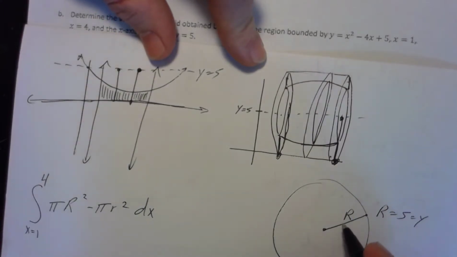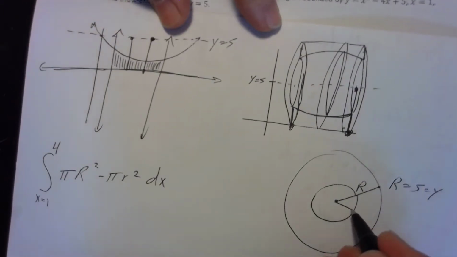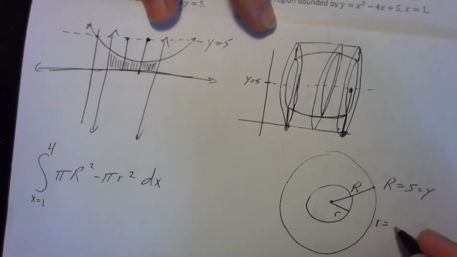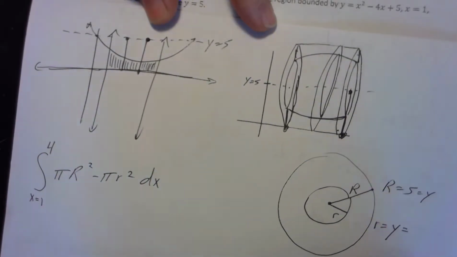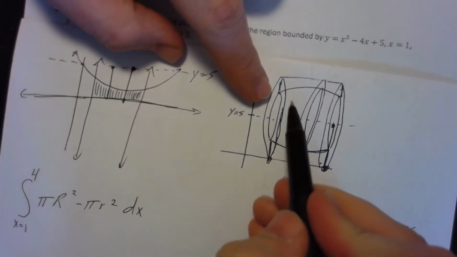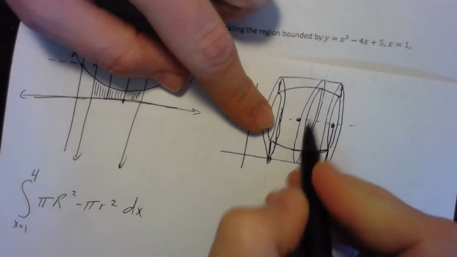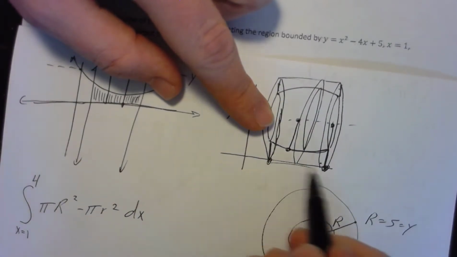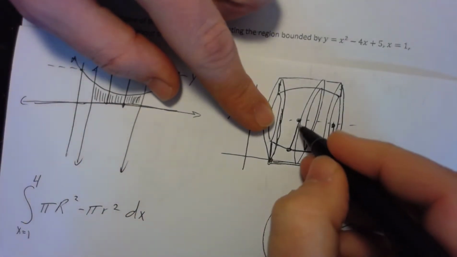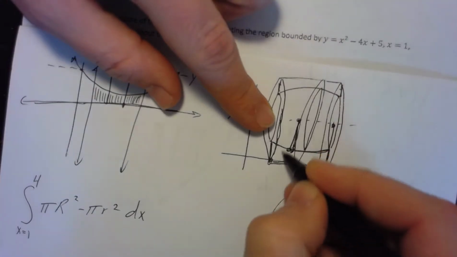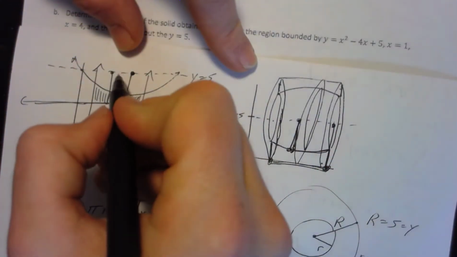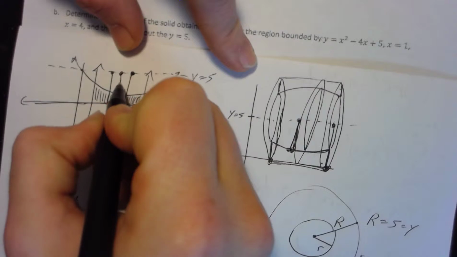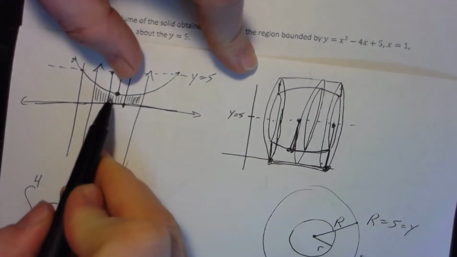My lowercase r, again, should be some region cut out of the center here, and my lowercase r, I'm going to label it here, should be r equals some other y value, but hopefully equaling an equation, because again, you'll notice that if I cut this back to the interior function, not the exterior function, because this right here is the exterior function, but the first location of where the region object appears, that's going to be cutting it from this axis down to the first location that I hit.